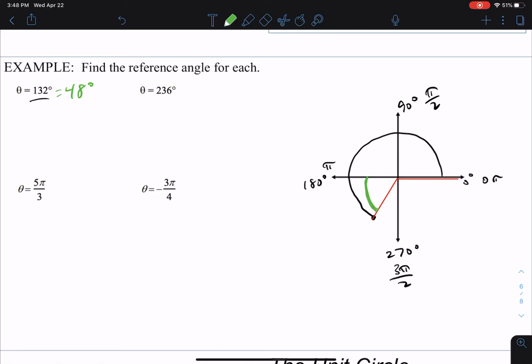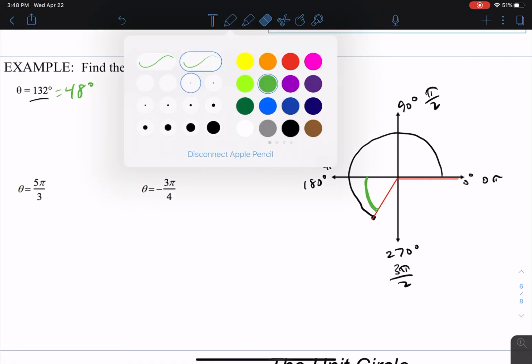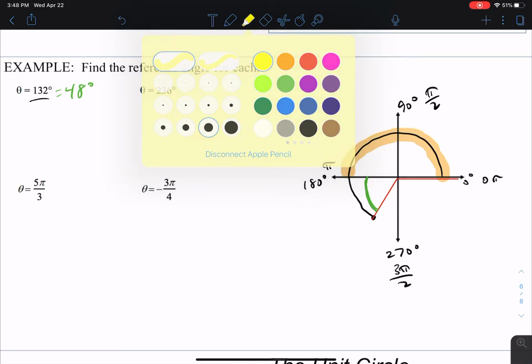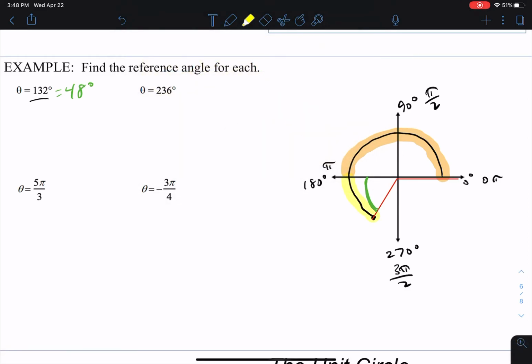To get to the path in black, this is 180. To get from there to there is 180, and then we went a little bit more to get to 236.